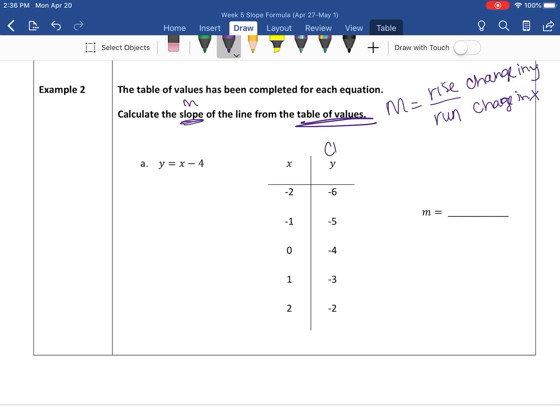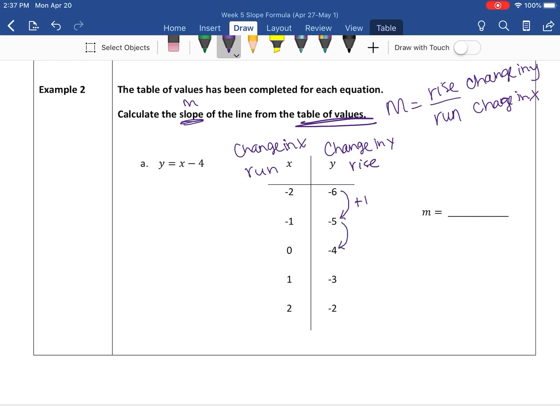Here's my change in y, which is my rise. Here's my change in x, which is my run. Okay, so in order to figure out our slope, all we need to figure out is the change. All we need to figure out is how far apart our numbers are. So looking at this, to get from -6 to -5, we would add 1, because -6 plus 1 is -5.